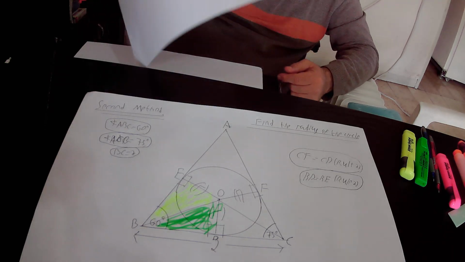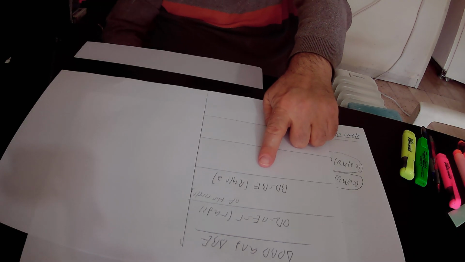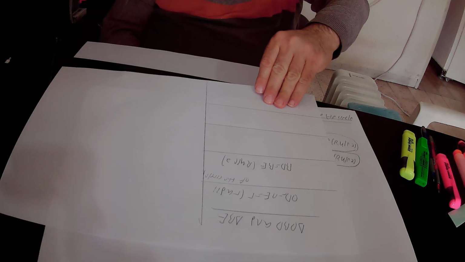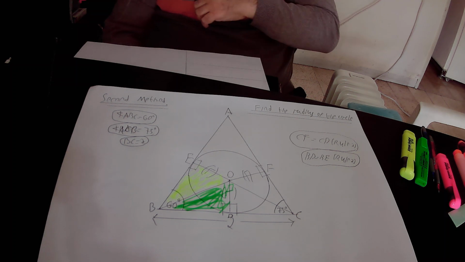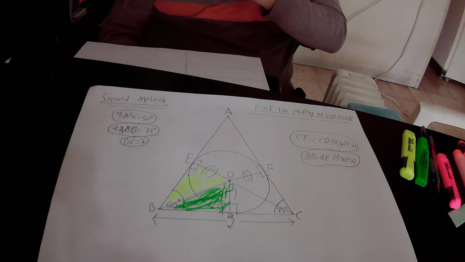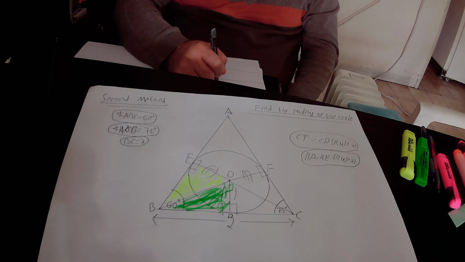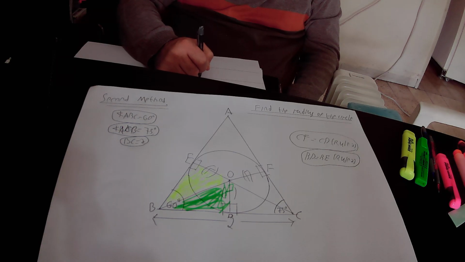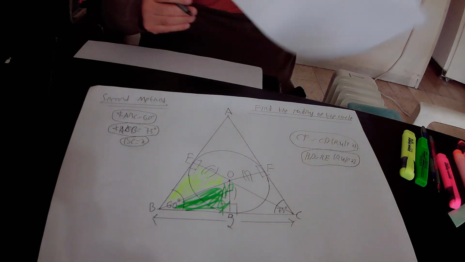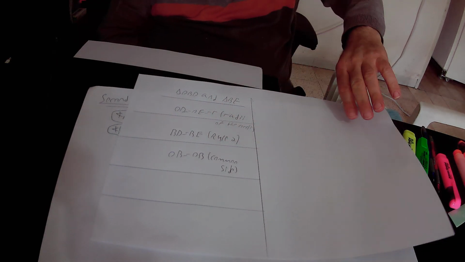Side BD of the green triangle equals side BE of the yellow triangle according to rule number 2. And finally, side OB is a common side that belongs to both triangles, so we can write down that OB equals itself, a common side that belongs to both triangles.